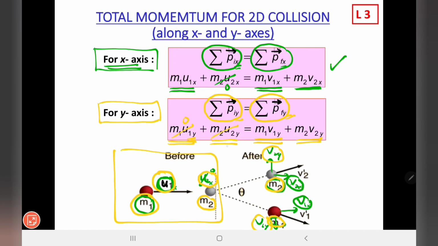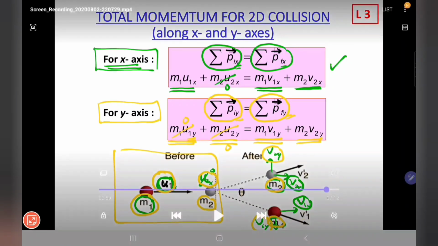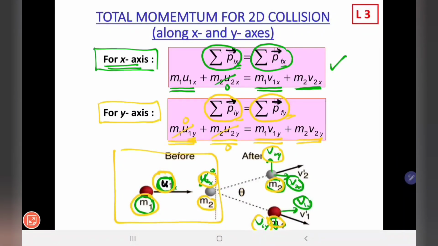M2 U2y also equals 0. Okay, next, after the collision, these two objects move in different directions, V1y and V2y. V1y is directed downward, V2y is directed upward. Remember the velocity is a vector, so we need to check its direction. In this case, V1y should be negative and V2y should be positive.